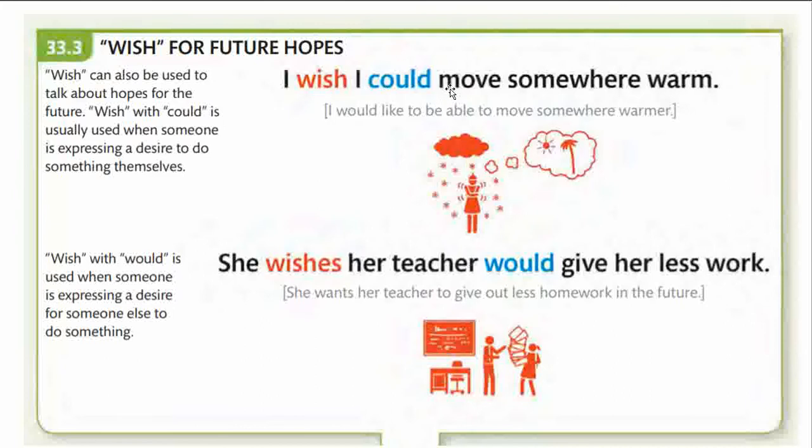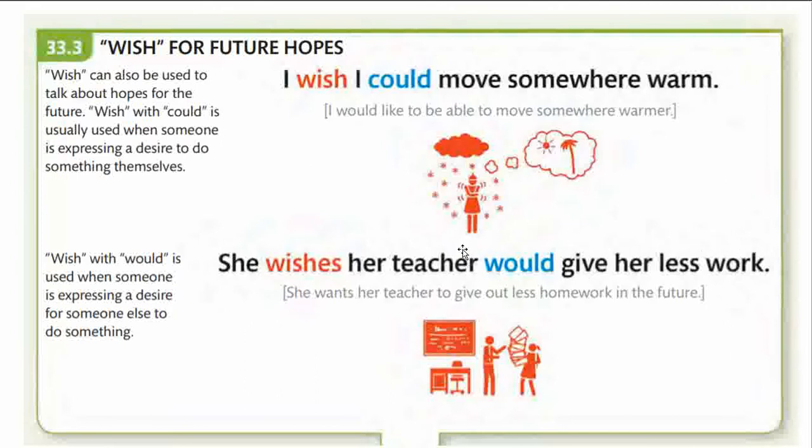I wish I could move somewhere warm. That means the person is wanting or wishing for an ability to move somewhere else. Then let us see wish with would, used when someone is expressing a desire for someone else to do something. She wishes her teacher would give her less work.